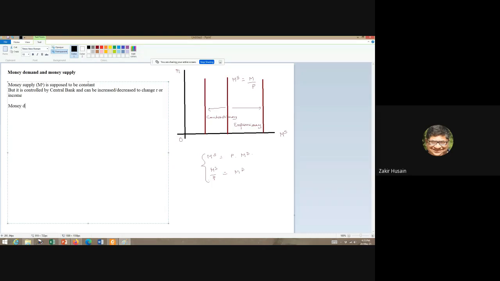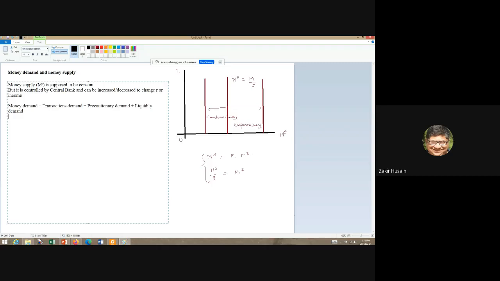Now let us come to the money demand. Money demand has three components: transactions demand, precautionary demand, and liquidity demand.